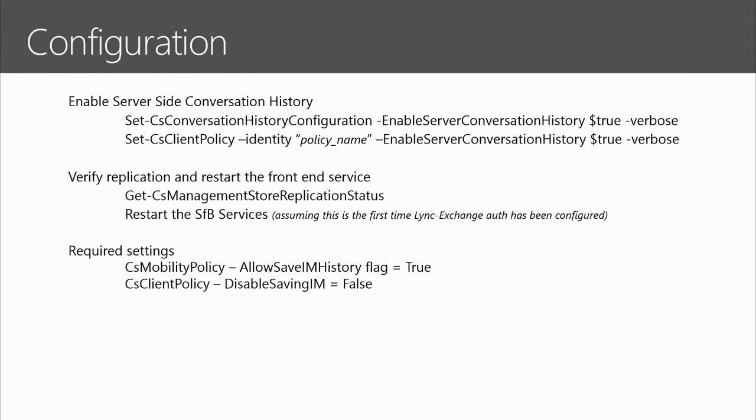If allow save IM history is set to false and the other flag is set to true, then this feature will not work because it will conflict with your goal. If your goal is to not have mobile endpoints save conversations at all, then the whole server-side conversation feature is not applicable for your environment.